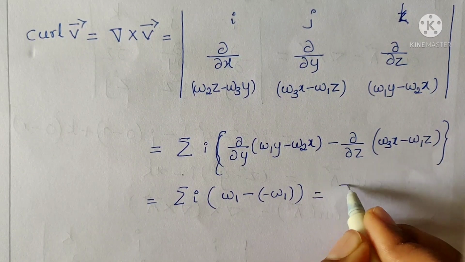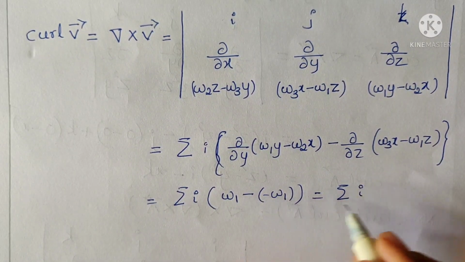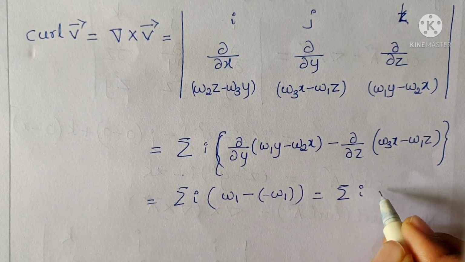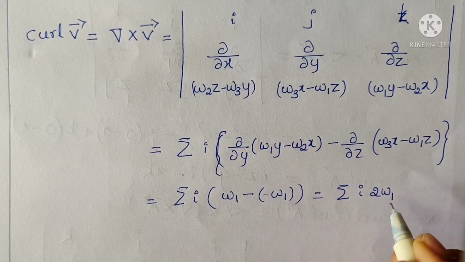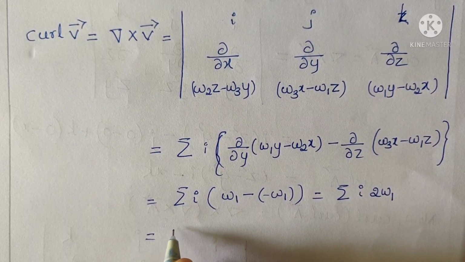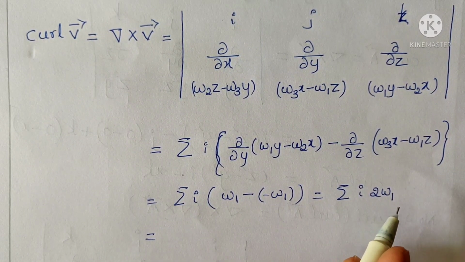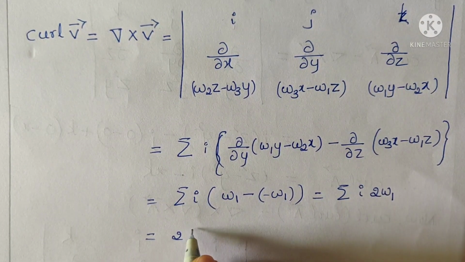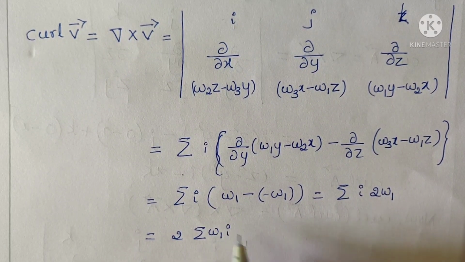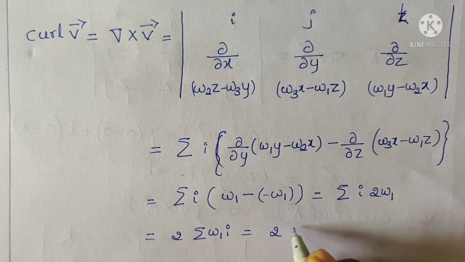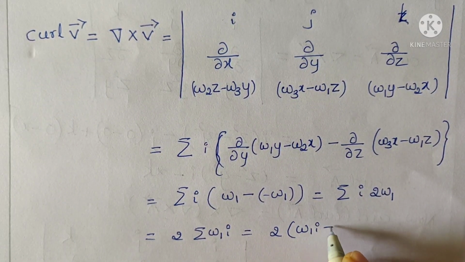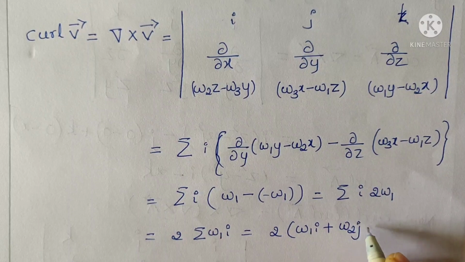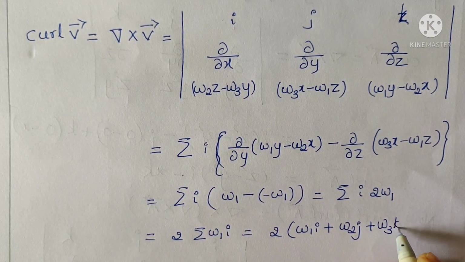So this is nothing but the summation of i into minus into minus, plus. So it is 2 times w1. So this is the summation of i into 2w1, that is 2 outside, the summation of w1i means 2 times w1i plus w2j plus w3k.